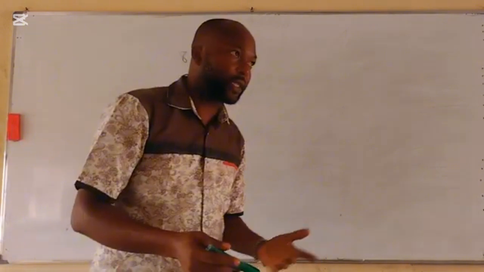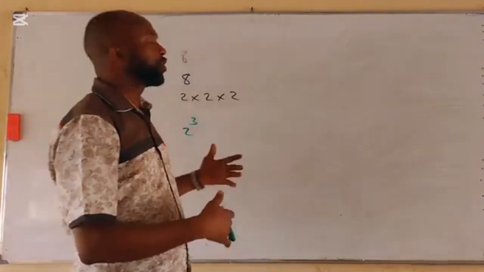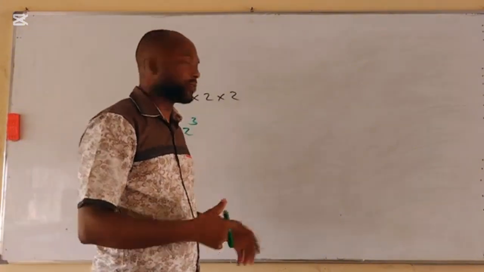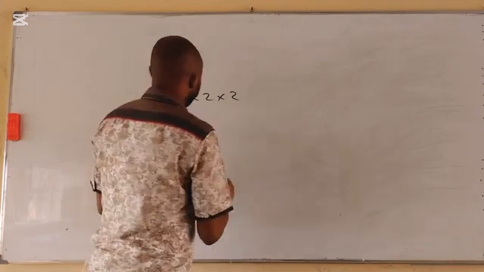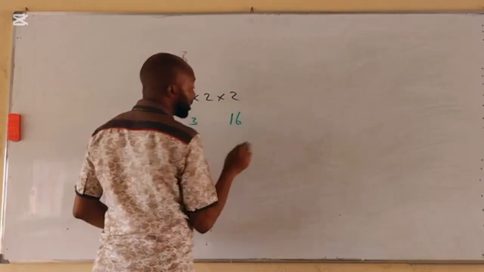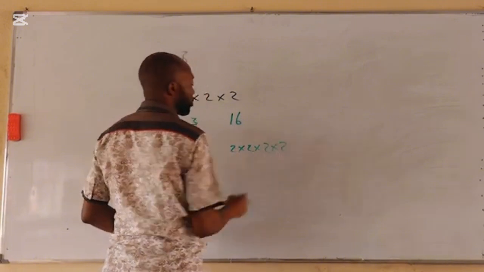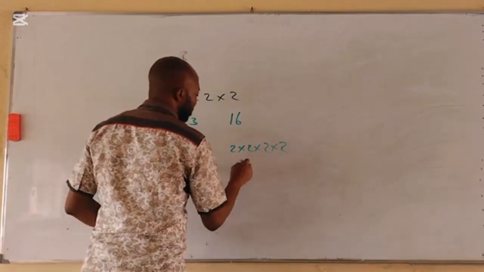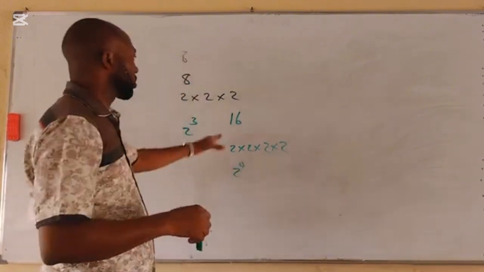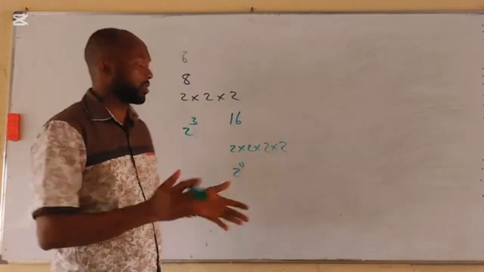So this trend we can use to reduce any number we want to deal with. For example, if I have 16, which is the same thing as 2 times 2 times 2 times 2, this can just be taken to be 2 raised to the power 4, which is the 16.